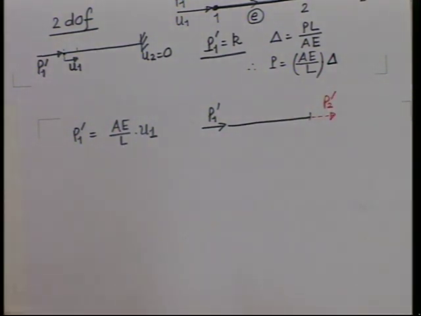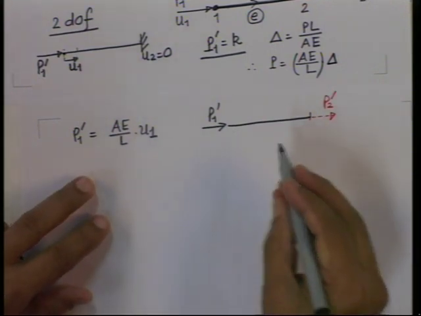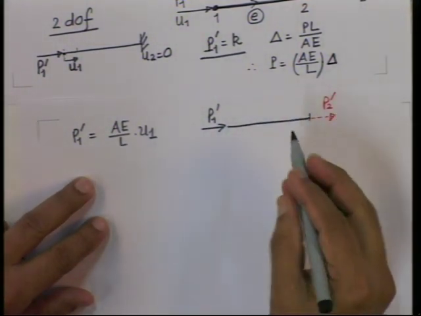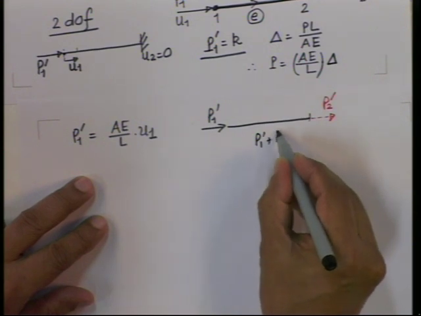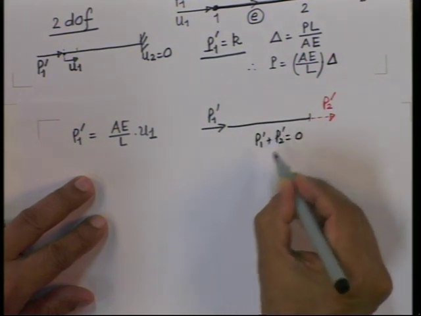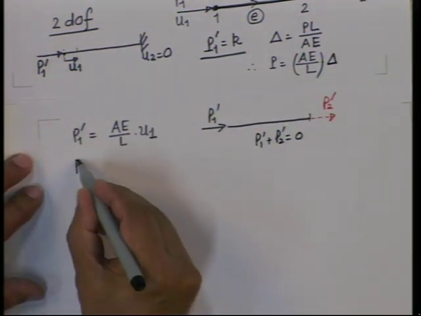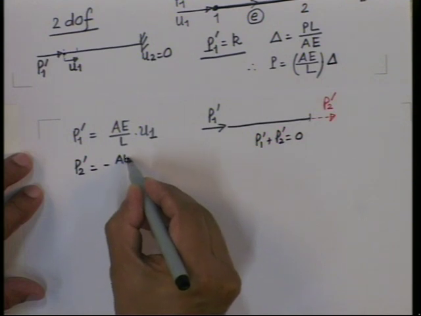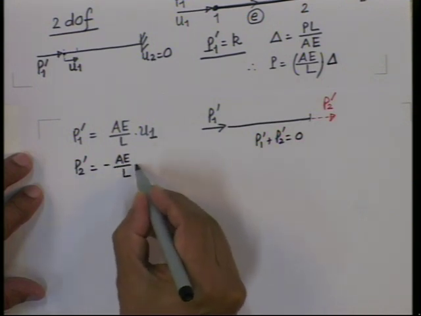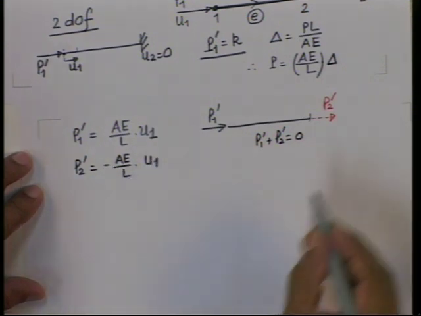So this is the equilibrium free body diagram of the rod. I get P1 dash plus P2 dash should be 0. Therefore, P2 dash is equal to minus A by L into U1.